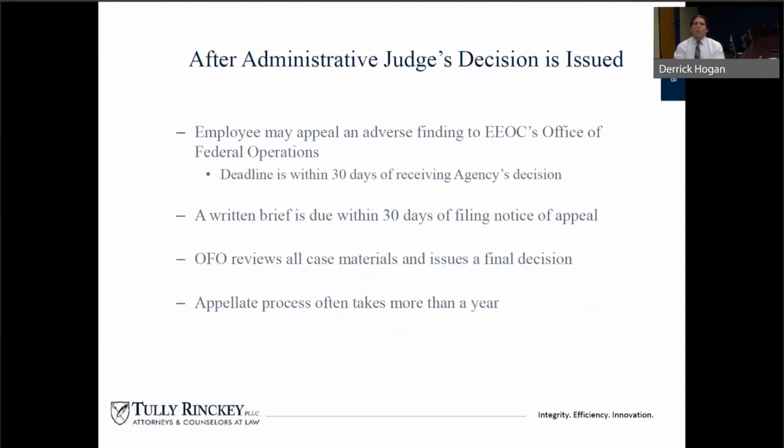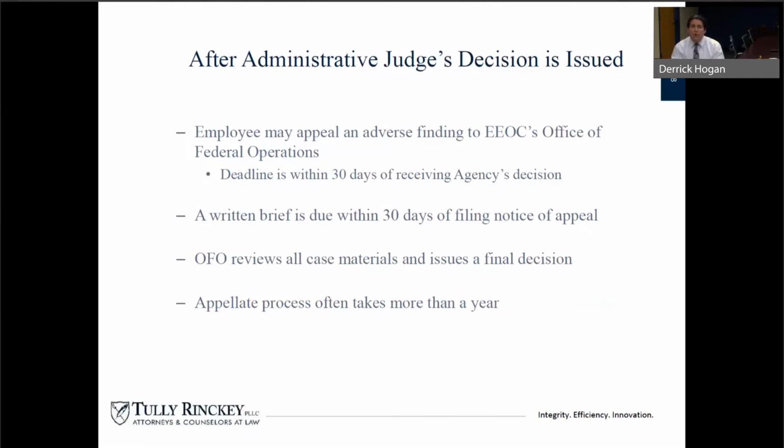Okay, we kind of just touched on this, but after the AJ issues a decision, you have 30 days to file an appeal with the OFO. Normally, it's 30 days to file just an appeal. Basically, let OFO know you're going to appeal, and then usually once OFO acknowledges your appeal, you have 30 days to file your brief in connection with that appeal.